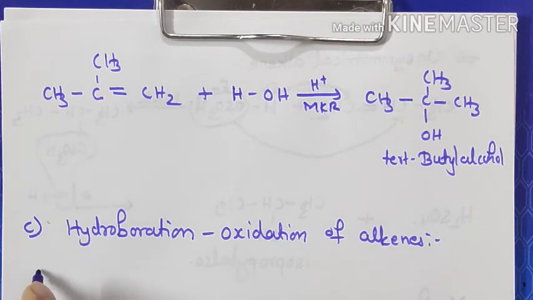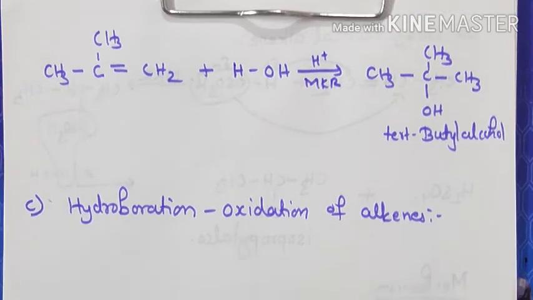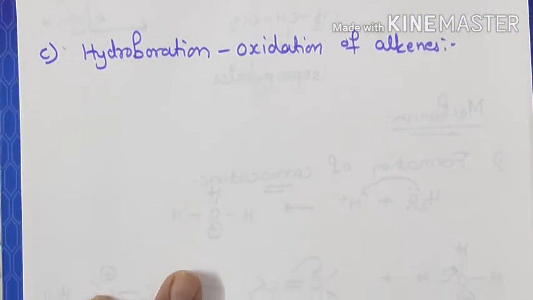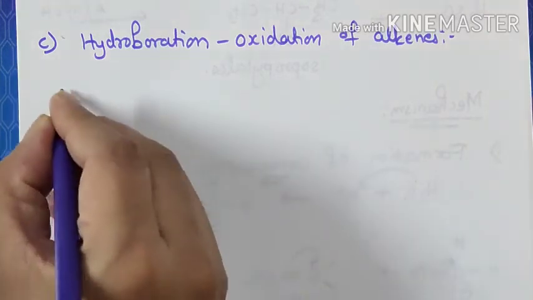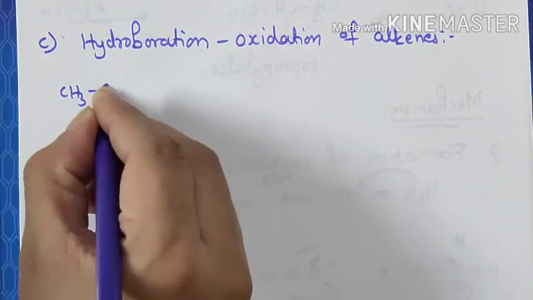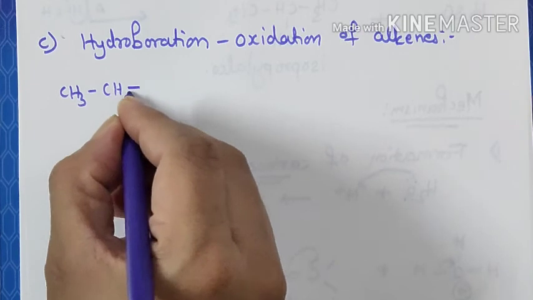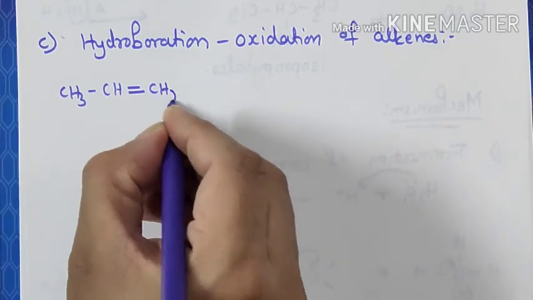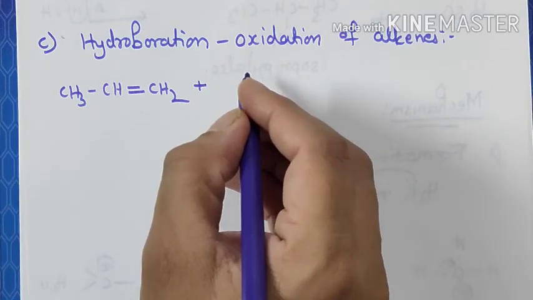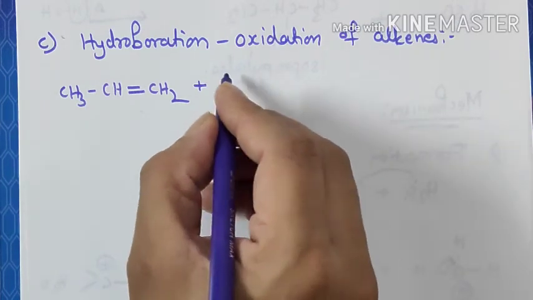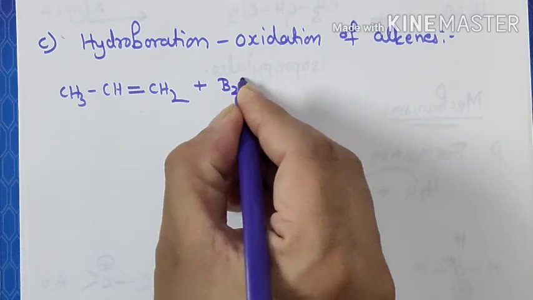Okay, now let us understand with an example. I take one example: CH3-CH=CH2. This is an alkene. I treat this with diborane. What is diborane? Diborane is B2H6.